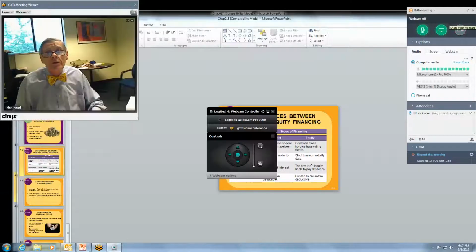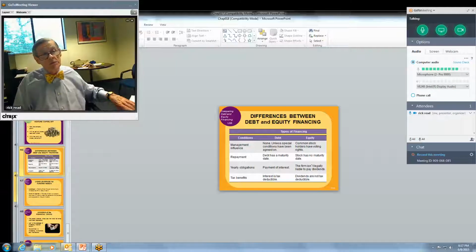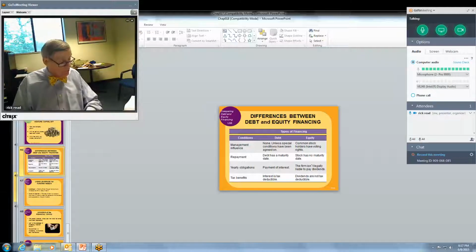Here are the differences between equity and debt financing, which you can see in figure 18.6 at the bottom of page 513. If you have debt, the people that own your debt don't have any say in how you run the company, unless, as the slide says, some kind of agreement has been entered into.